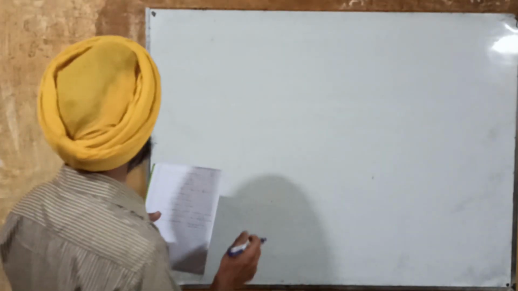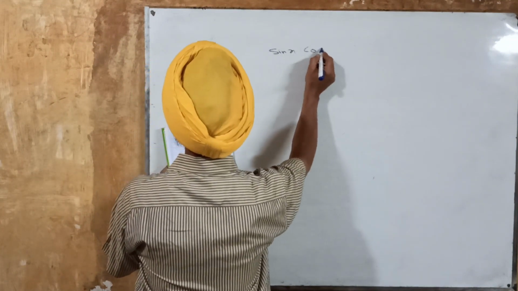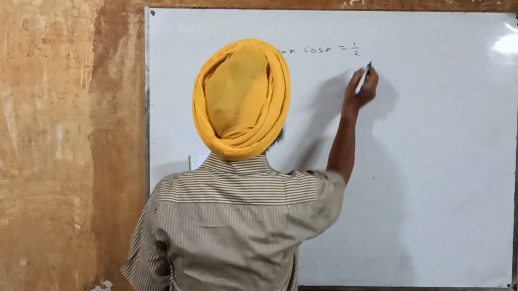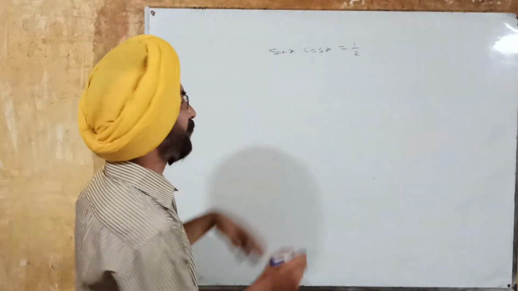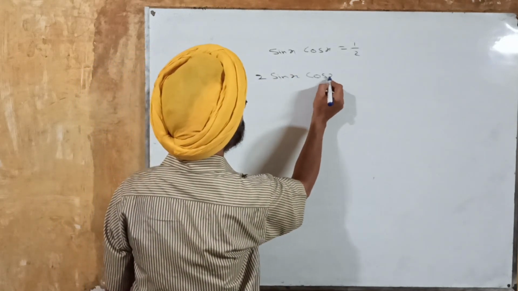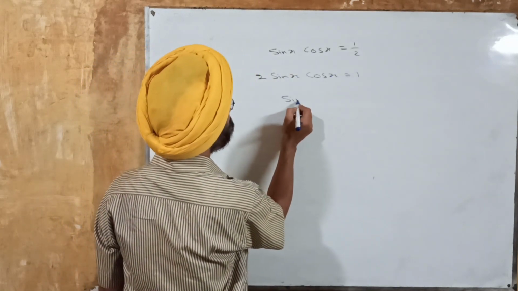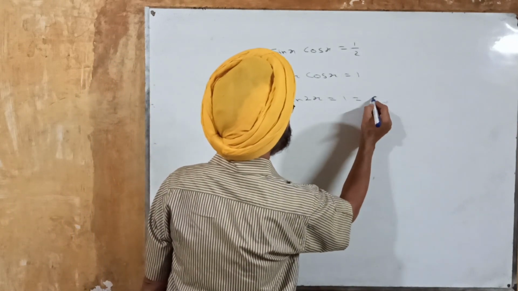This question I'm taking here is now sin x cos x is equal to 1 by 2. This is a very easy question. You can take this 2 to the left hand side. You will get 2 sin x cos x is equal to 1. That means sin 2x is equal to 1, and 1 means sin pi by 2.